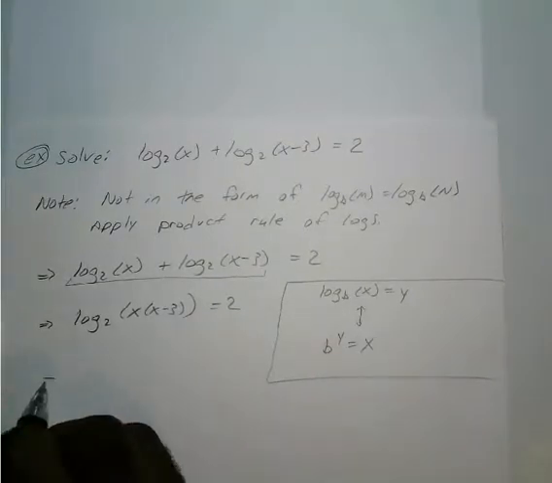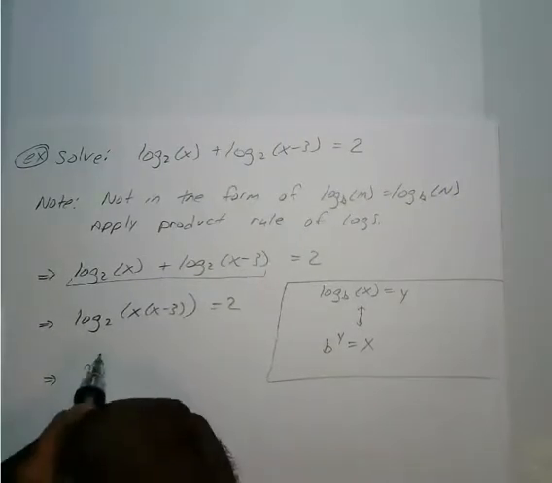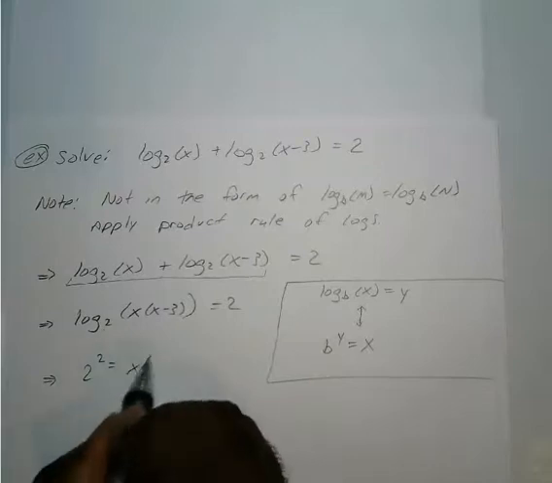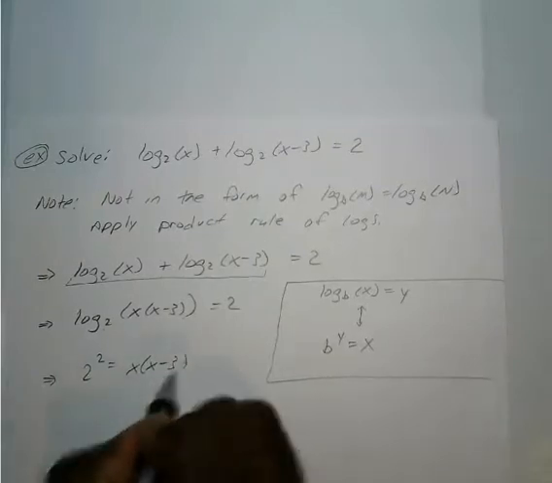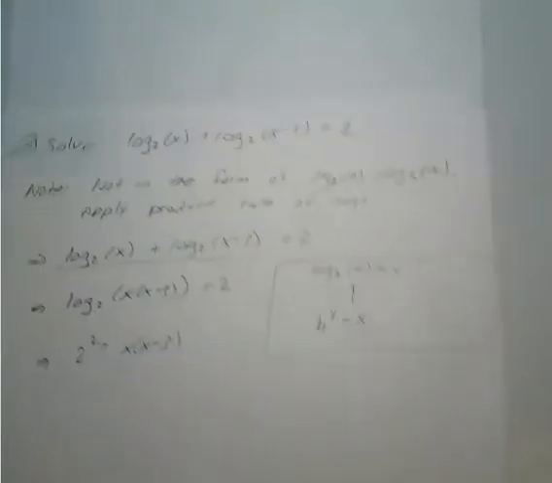Okay, so that gives us our base to the power of y, so 2 to the power of 2 equals x times x minus 3. Okay, so now that one will be a little easier to solve.